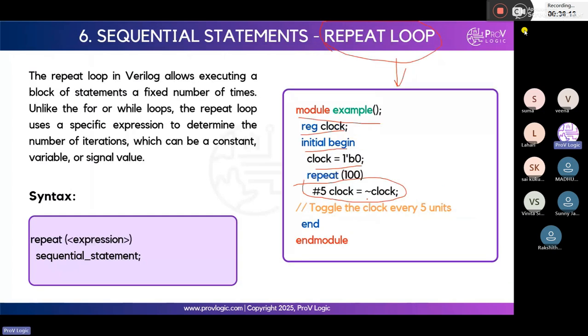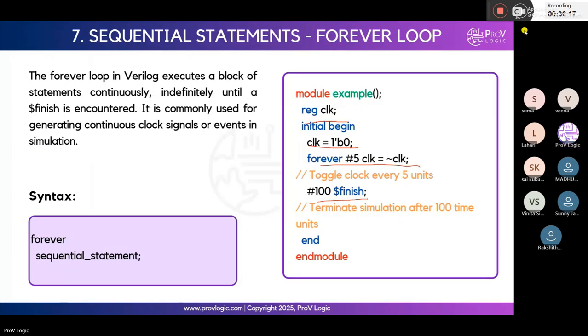So what difference are you observing between repeat, forever, and always?